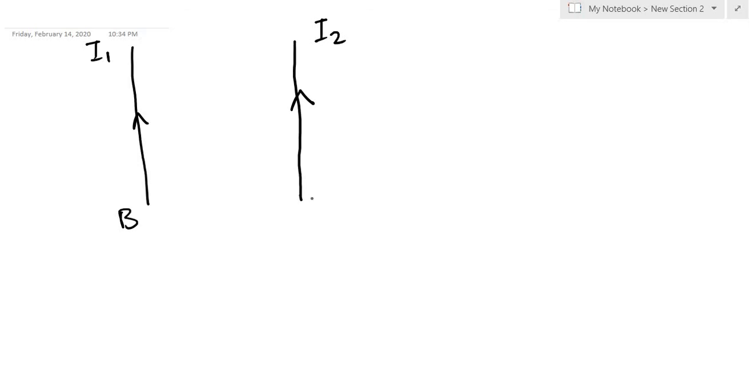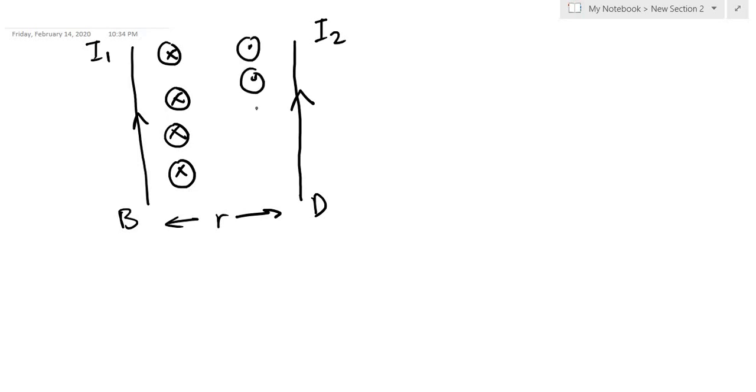I'll call this B, call this D. This distance is R. Since this wire carries current, the magnetic field between these two wires due to wire 1 is inwards, and due to wire 2 it will be outwards. You can do the right hand thumb rule.